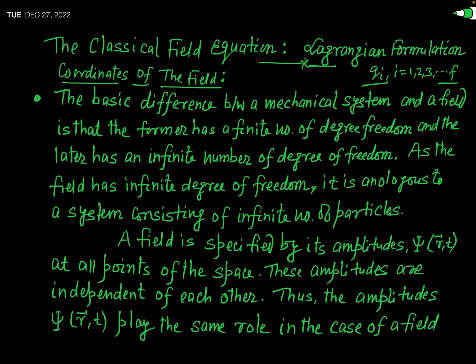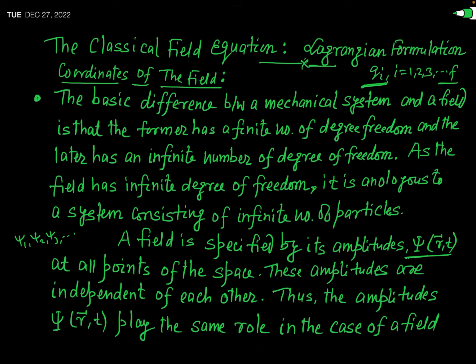As a mechanical system is specified by specifying its generalized coordinates qi, in the similar manner, a field is specified by its amplitudes, and these amplitudes are denoted by the symbol psi of r, t. Okay? Actually, at all points we define this psi. It means a field will be specified by the amplitudes like psi 1, psi 2, psi 3, and so on.